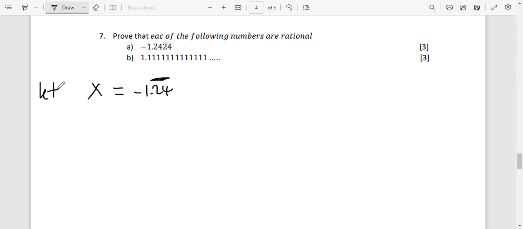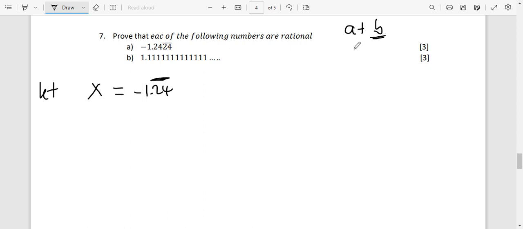Suppose you are given a plus b, and they are asking you to prove that it is irrational. How can you do that? If they give you a plus b and say prove that it is irrational, they are going to say assume that b is irrational, or assume that a is irrational. That is what they are going to tell you.